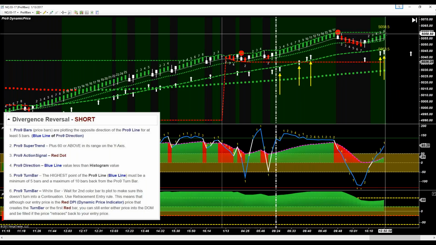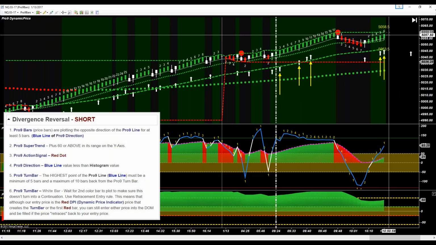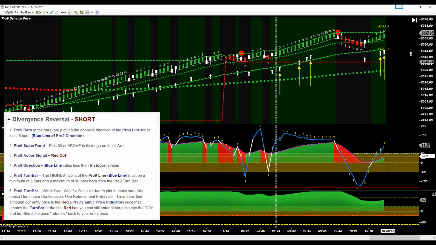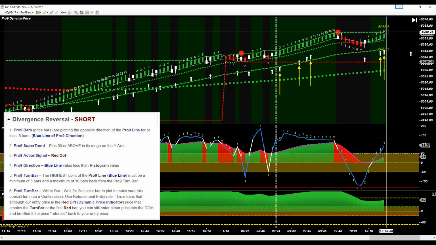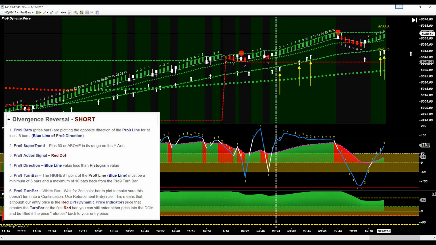This one, we have considerably less space running into the high of the day. And our direction histogram isn't outside of its neutral zone. So I wouldn't really be eager to enter into this one. In fact, I wouldn't enter into it at all because of that fact that the high of the day could just be too strong a resistance point, and my indicators aren't telling me that I should go for it.